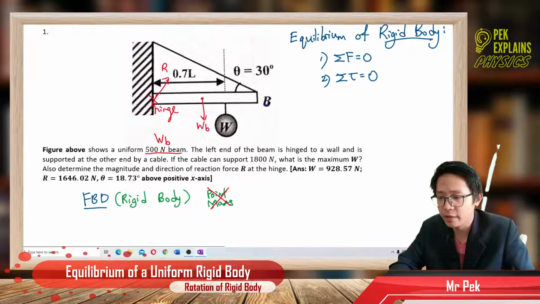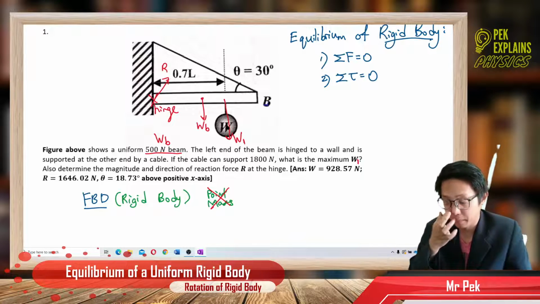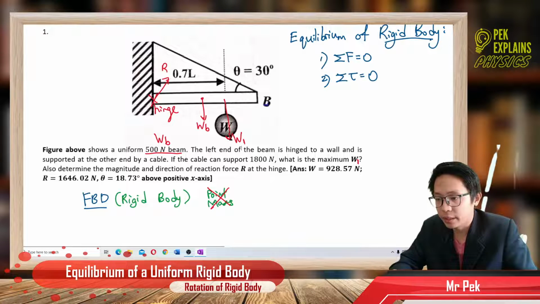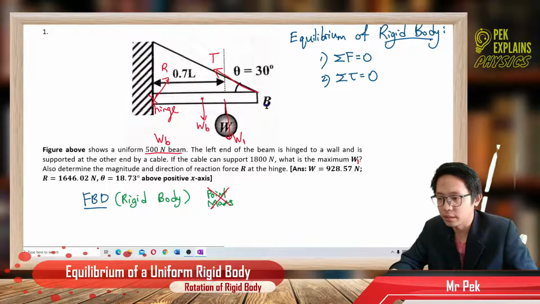The weight itself also pulls the object down. This is the weight, and I put it as W1. And then the cable is pulling up, so it is this way. Tension pulling up.